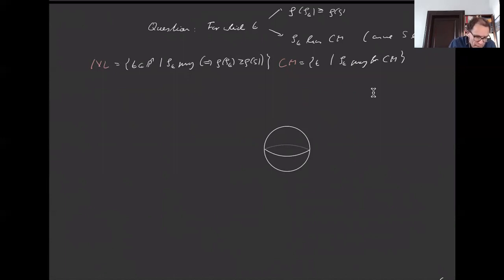Okay. Again, Hodge theory tells us that the Noether-Lefschetz set is dense uncountable.